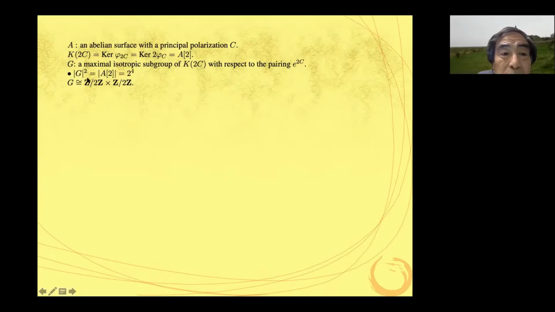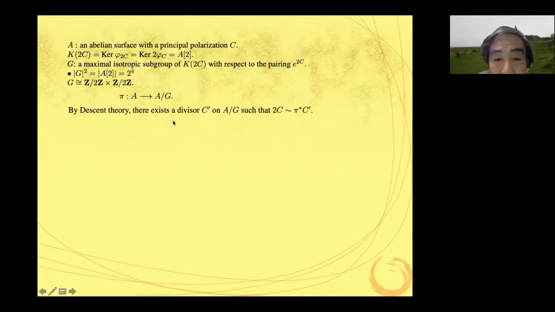Then the order of G is the square root of the order of the full group, and the full group has order 2 to the 4th. So G is isomorphic to Z over 2 cross Z over 2. So we get a Richelot isogeny.